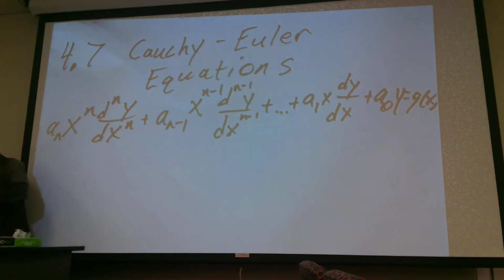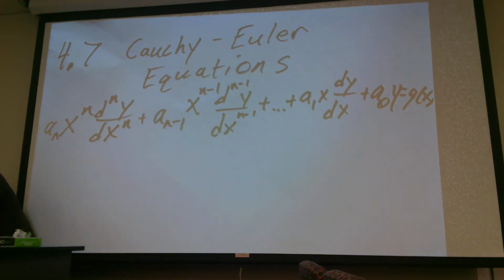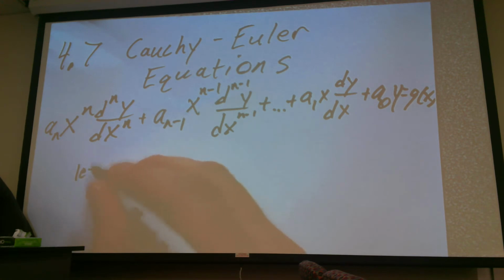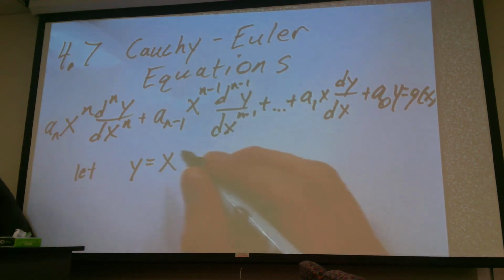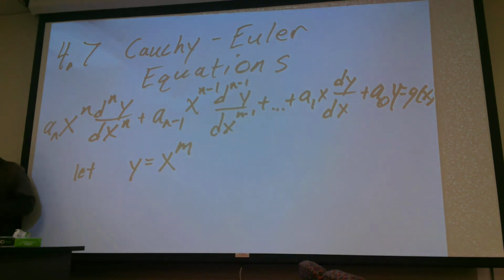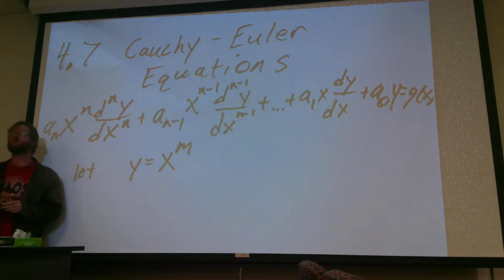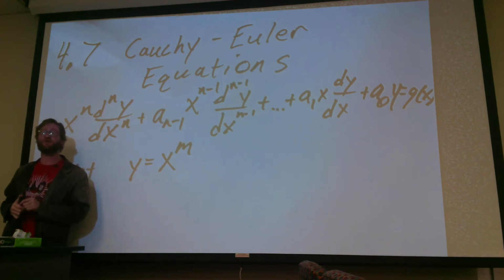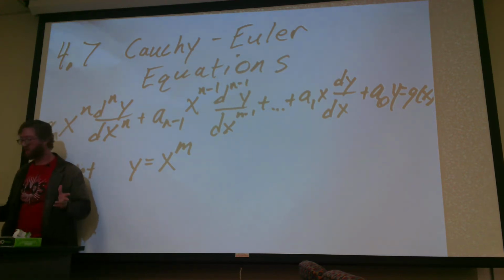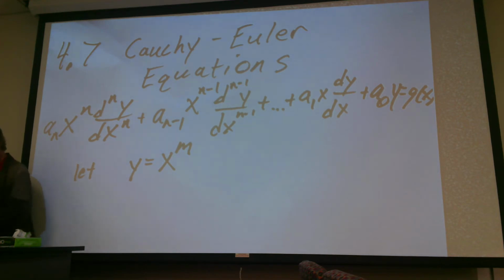So, let's let y equal, let's say, x to the m power. We're just going to make the assumption that the solution to the homogeneous portion of this problem is a polynomial.